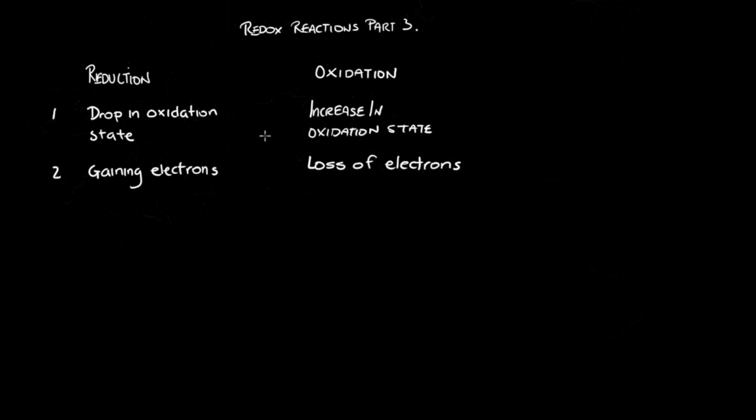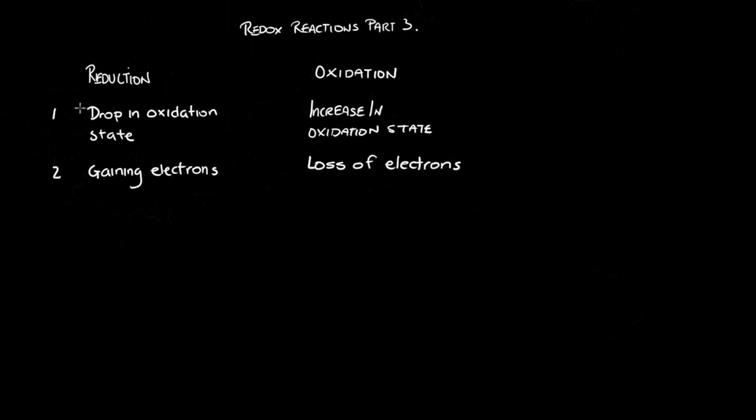Now in your textbooks, by far the most common definition for reduction is the gain of electrons, and by far the most common definition of oxidation is the loss of electrons. The reason I've included the first definition is to help those students who may be having problems understanding oxidation and reduction.